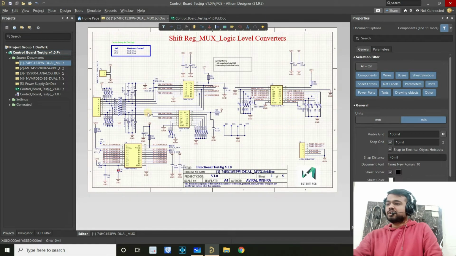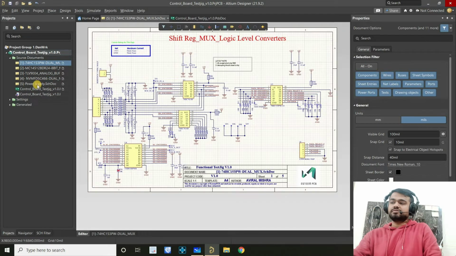But here the major load will be these pull-ups, because when we have logic level 0 here, current will flow through these pull-ups and sink through this buffer to ground. So we have to calculate the amount of current flow, and that will be our major load on these particular signals, because these ICs draw low current, like some microamps or 0.1 microamps. So this is the complete circuit.